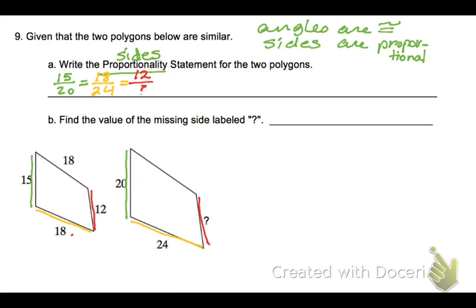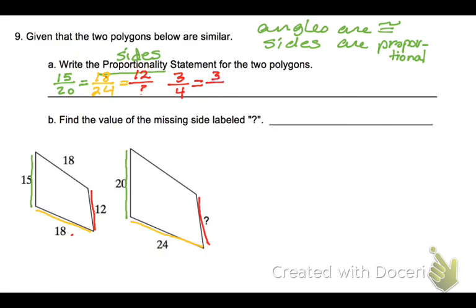If you had just written this, then that would have been just fine. So now we have to simplify our ratios. If we look at the first ratio, best thing to do is divide by 5. So you get 3 over 4 is equal to, you divide the 18 by 6 and you get 3.